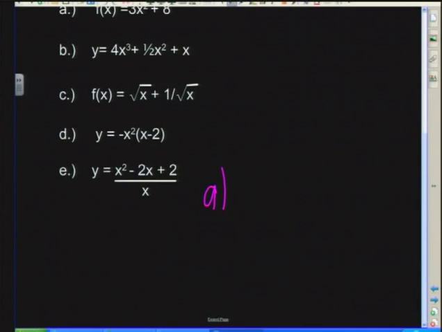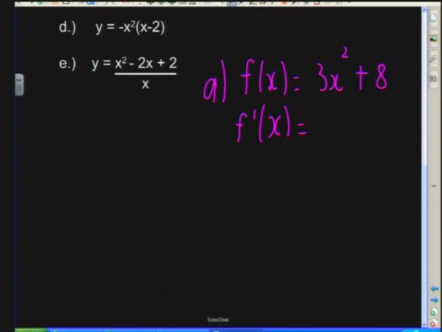We are asked to find the derivative of f of x is equal to 3x squared plus 8. So we set it up: the derivative of f at x is equal to... now we're going to use the power rule. Let me write it down for you again.